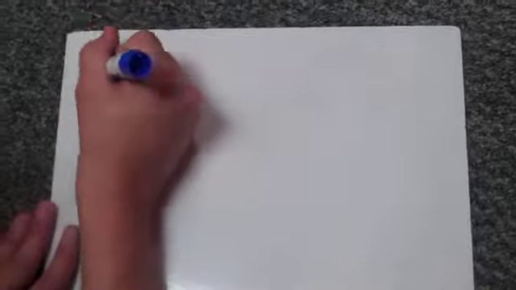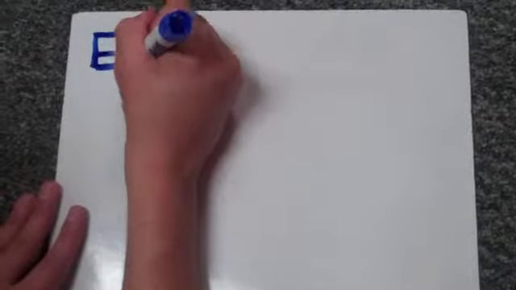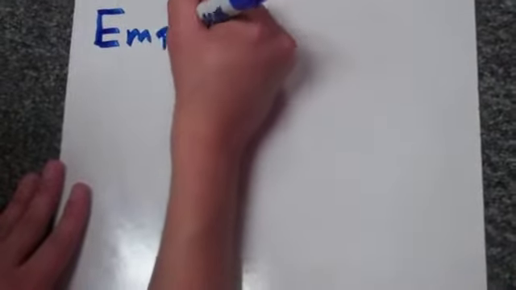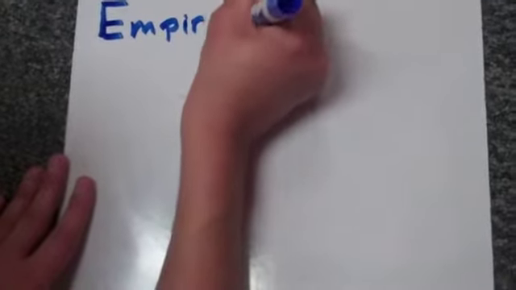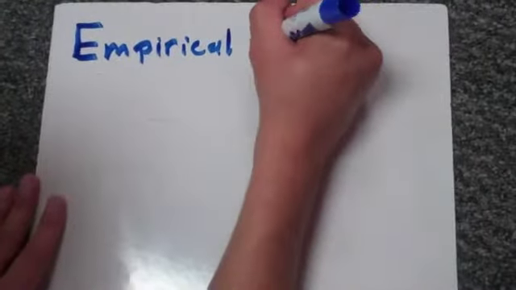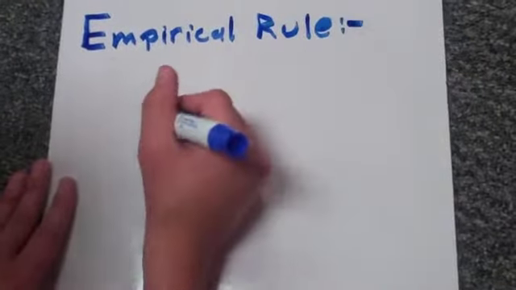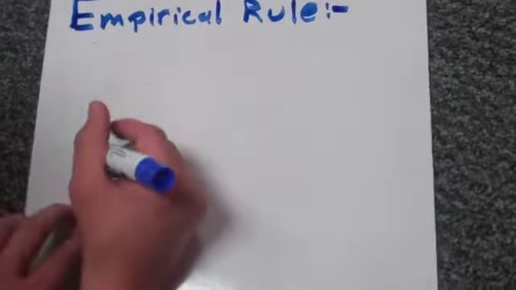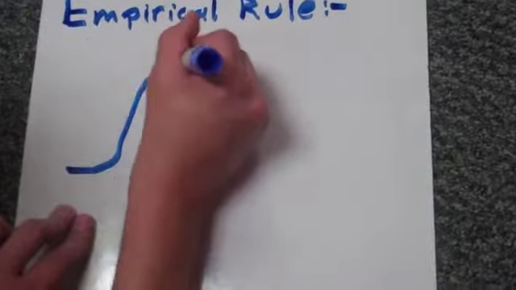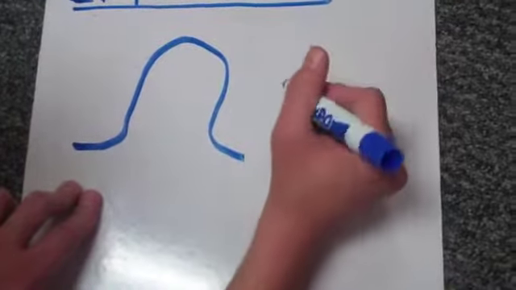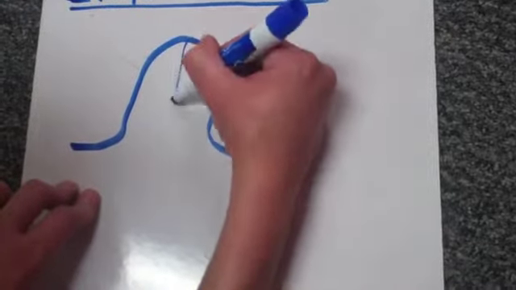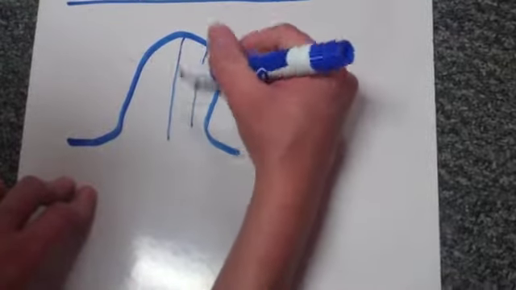So I'm going to be teaching you guys the empirical rule. Sounds kind of complicated, but to be honest, it really isn't that complicated. So basically, all normal curves follow this one rule, where a certain amount of data will be distributed within a certain percentage.